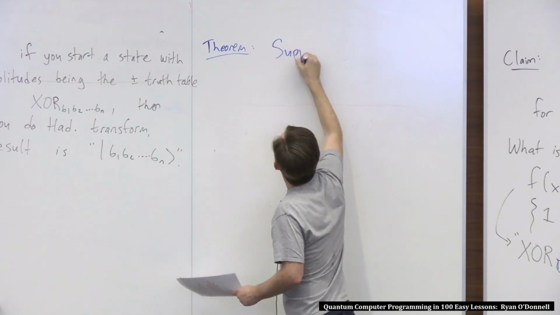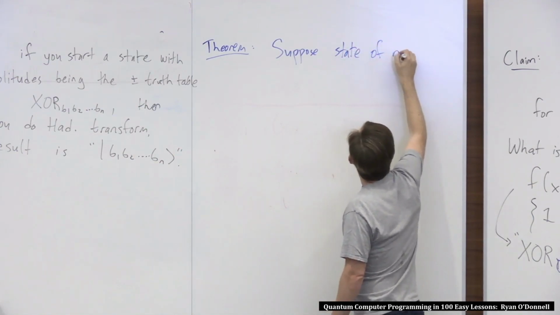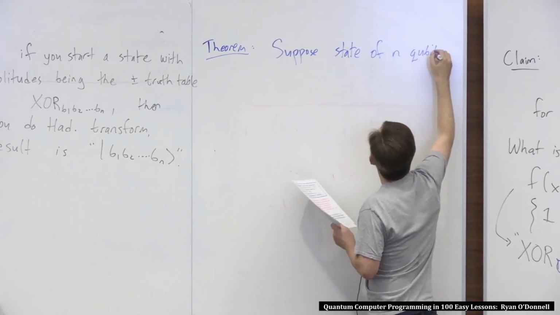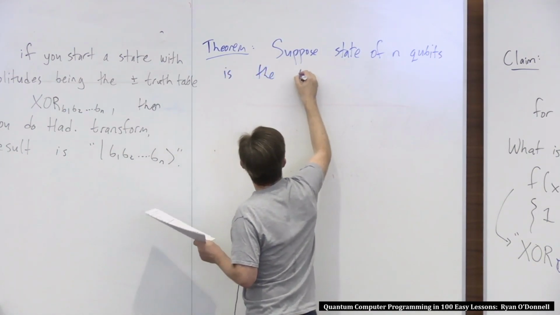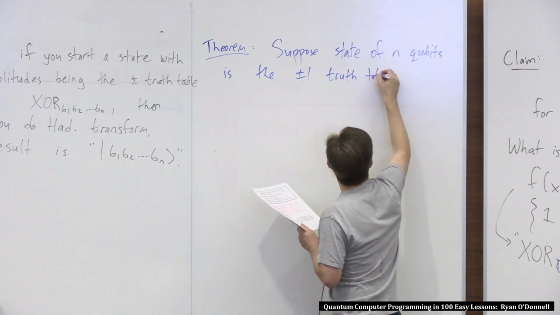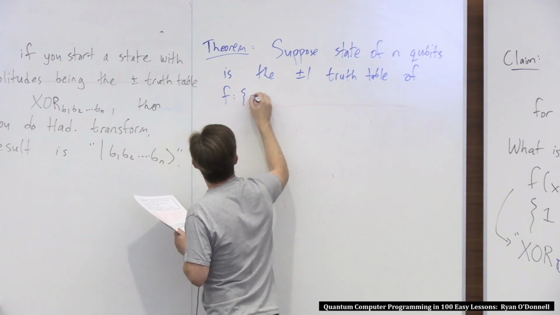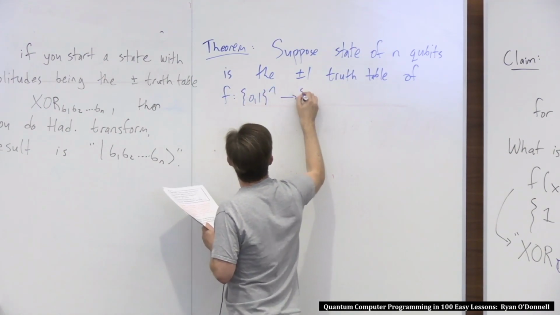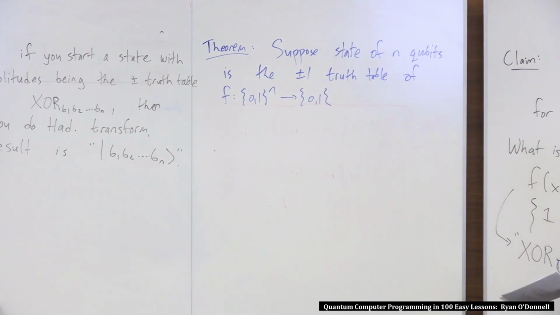Suppose the state of n qubits is the ±1 truth table of some Boolean function f with n input bits and 1 output bit.